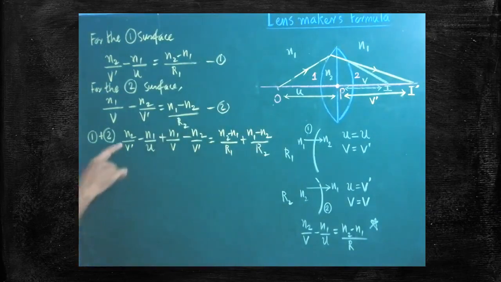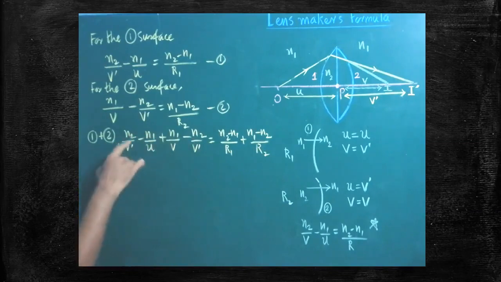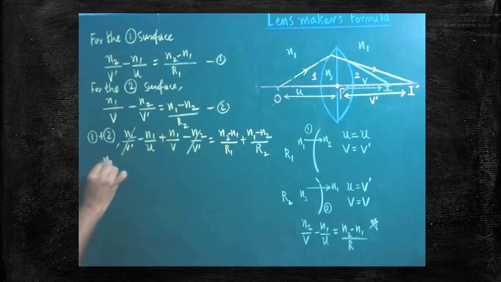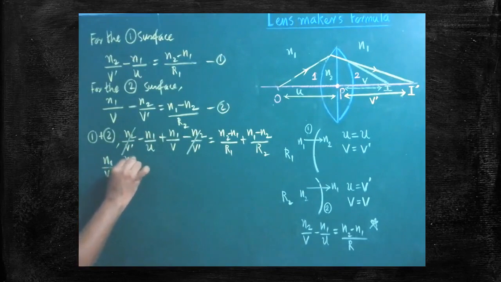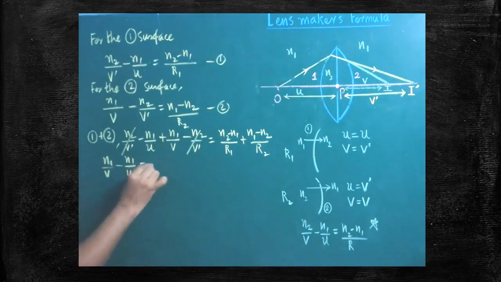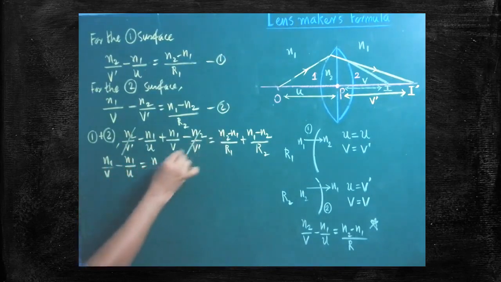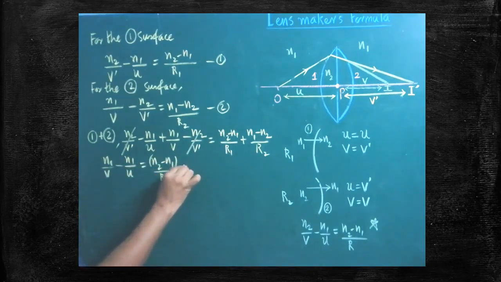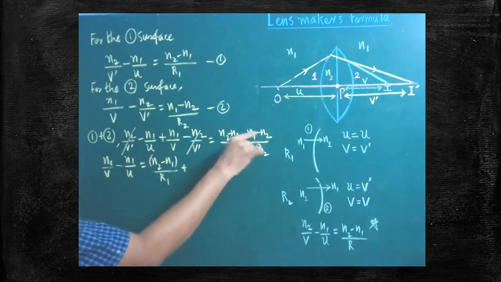Here two similar factors are there with opposite sign. Therefore, both of them can be cancelled, and this can be written as N1 divided by V minus N1 divided by U, which is equal to N2 minus N1 divided by R1 plus, here you simply change the sign.